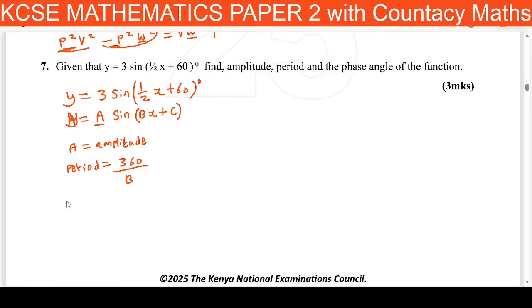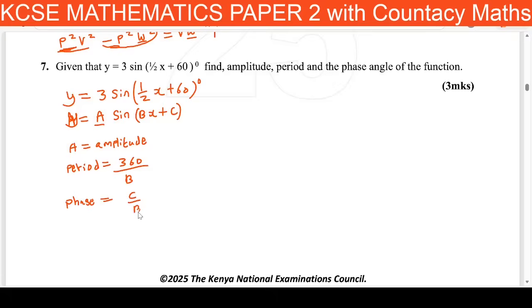You should always be able to get such a question once you apply this formula. So the way that you get the phase angle is that you pick the value that is here, that is C, and then you divide it by the value that is here. For our case, that is b.